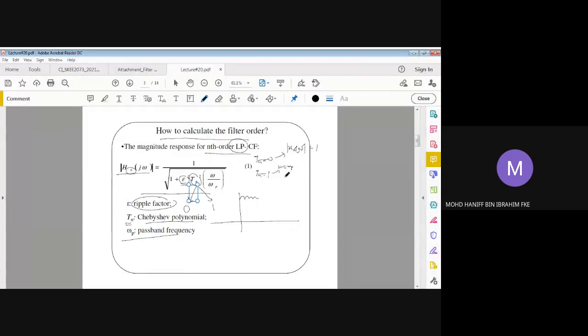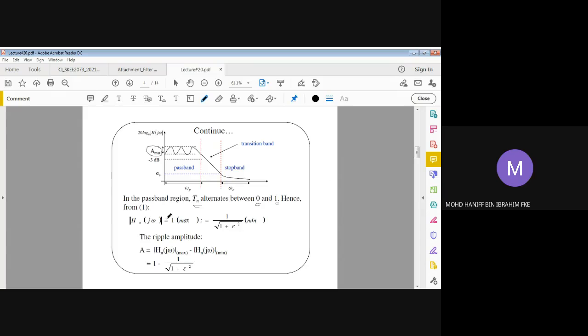The amplitude of H(j omega) shall equal 1 over the square root of 1 plus epsilon squared. So for the magnitude response of the Chebyshev filter, the maximum will equal 1, and the minimum will equal 1 over the square root of 1 plus epsilon squared.